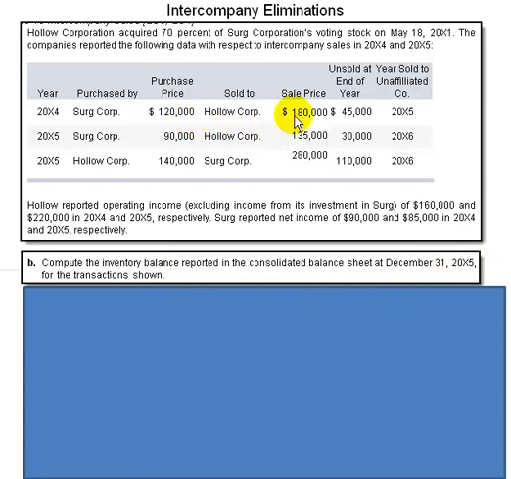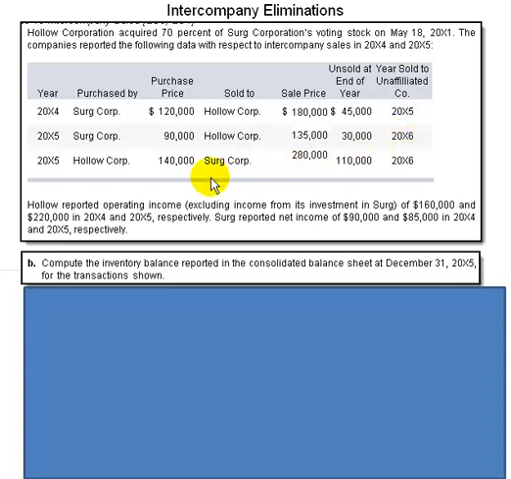We still have the same information, only now remember in 2005 we had a purchase price of $90,000 with an intercompany sale of $135,000, and the unsold at the end of the year is $30,000. Okay, and then they also tell us, well, when was it actually sold to an outside party? For 2004, it was in 2005 when that unsold amount was finally sold, and in 2005 it was 2006.